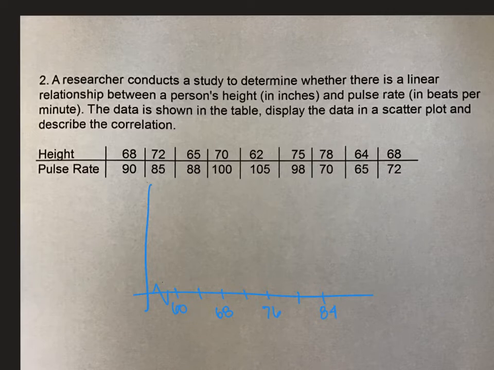And I'm going to do the same thing on my y-axis. So my x was my height, my y is my pulse rates. I'm gonna go by 10s on this one. So I'm gonna start at 65.